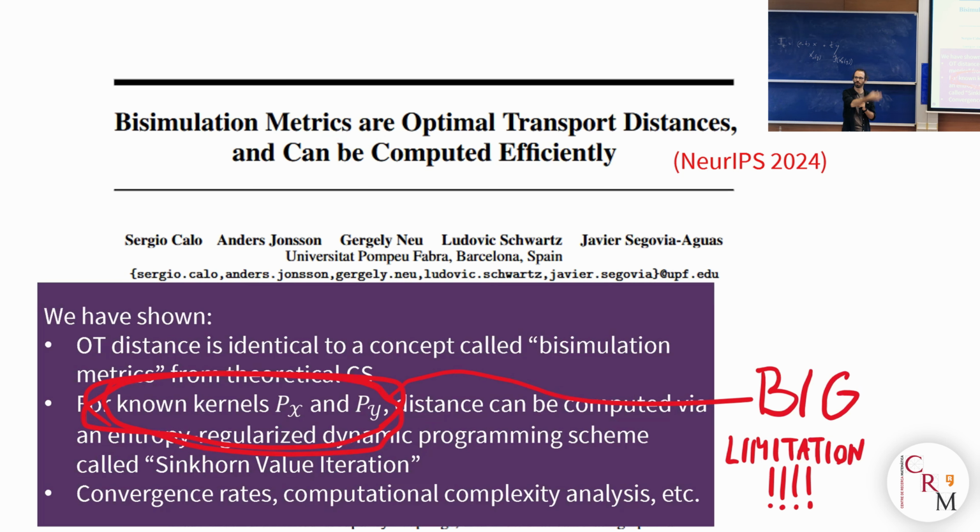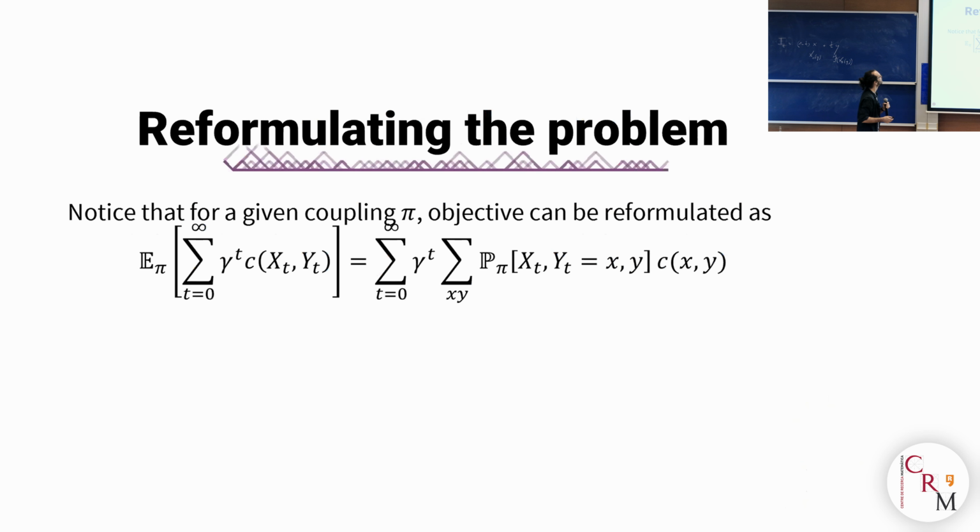Of course, I can try a plug-in estimator of trying to estimate the transition kernels first, and then using this algorithm to calculate the distance. But that really didn't work at all. We tried to analyze that, but to no avail. So we did something else instead, which I think is really cool and potentially scalable.